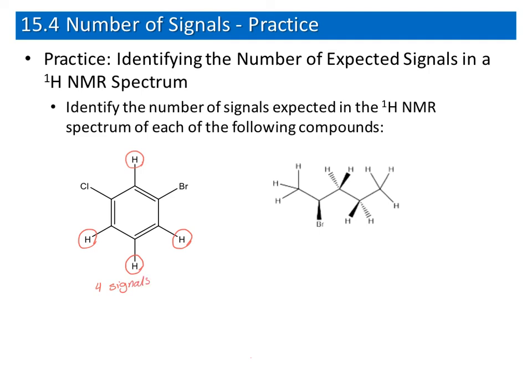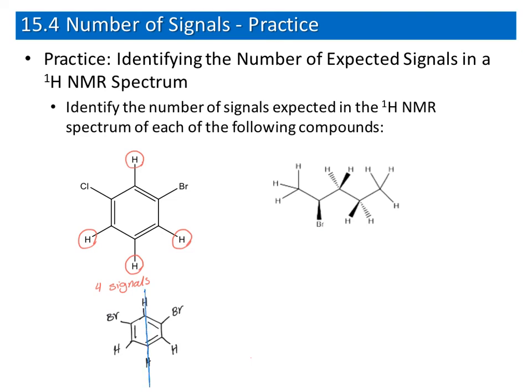Now, if I replace chlorine with bromine here, now this part of the molecule would be exactly the same as this part, meaning that there is a symmetry in the molecule right here.